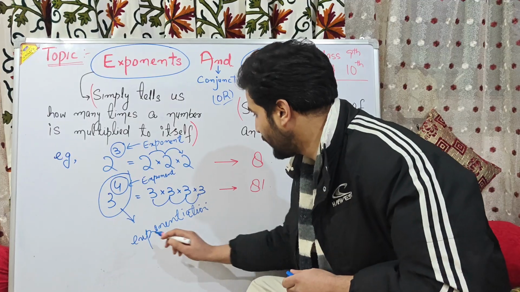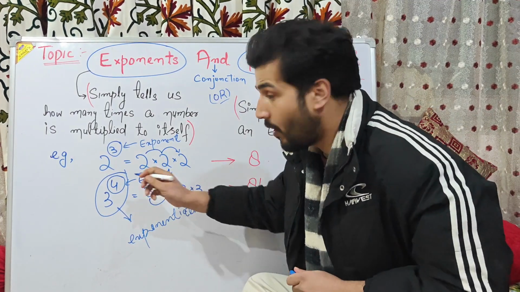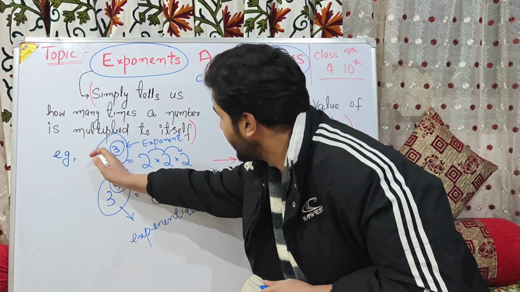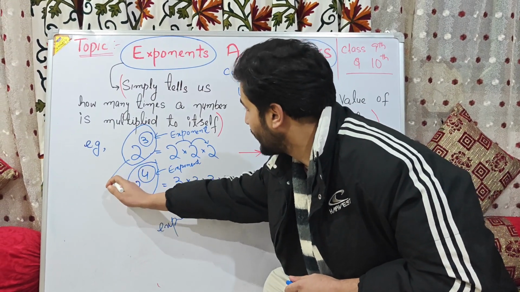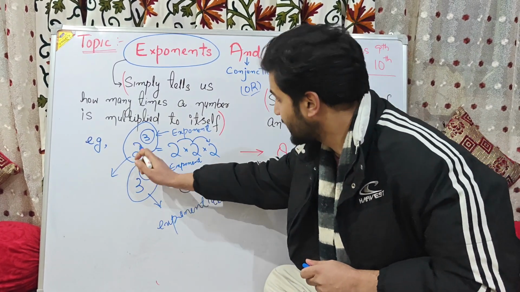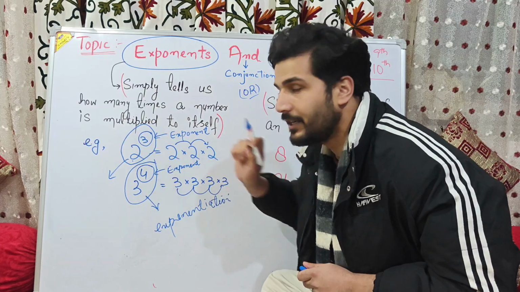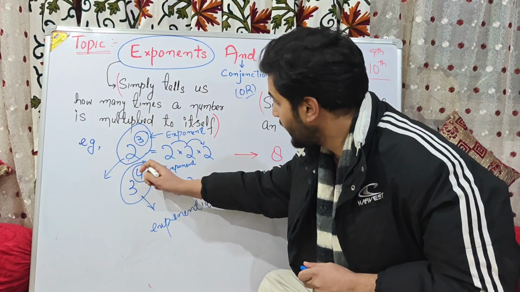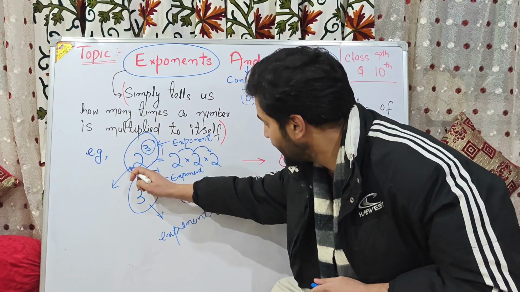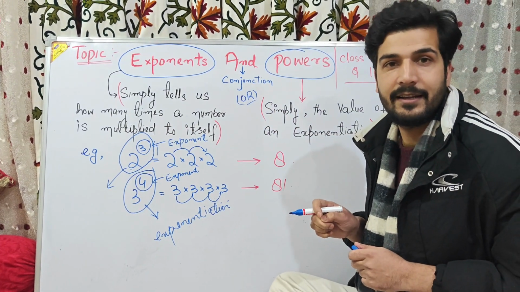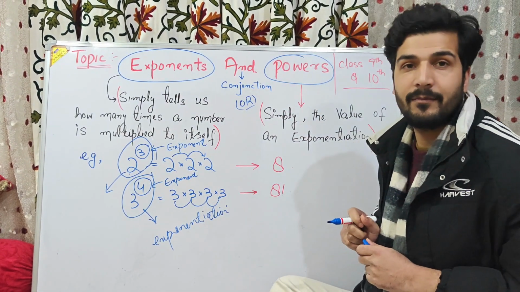Here, one complete 2 raised to the exponent 3 is the exponentiation. This we call an exponentiation. The whole number is the exponentiation, right? And its value is the power.